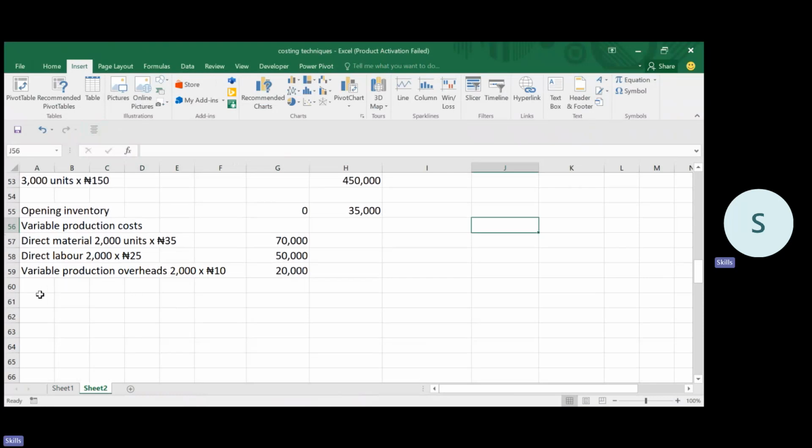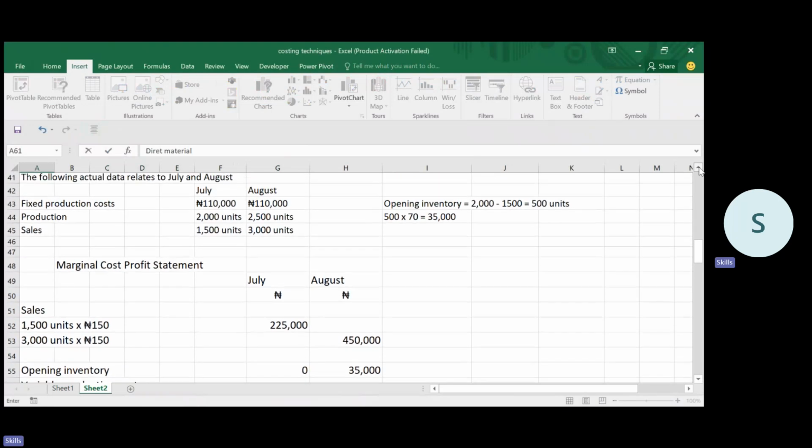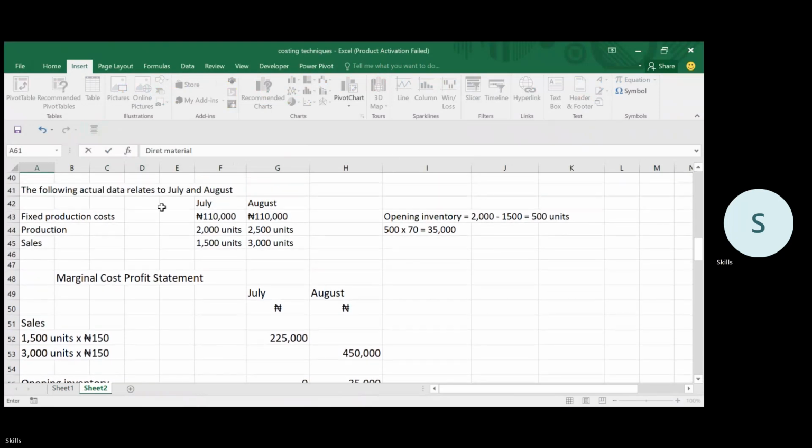For the month of August, the direct material: let's see the units produced in August.